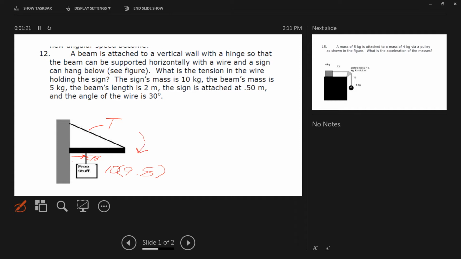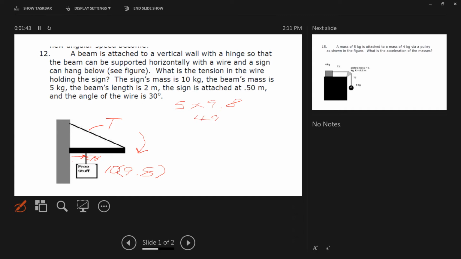Due to the sign. The mass of the beam itself is 5 kilograms, so the weight of the beam is 5 times 9.8, which is 49 newtons.